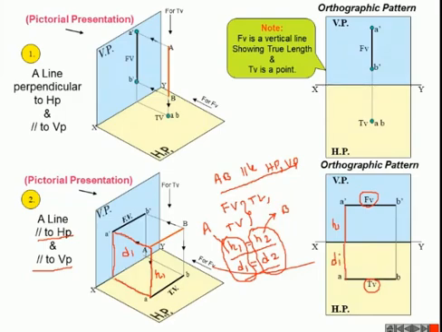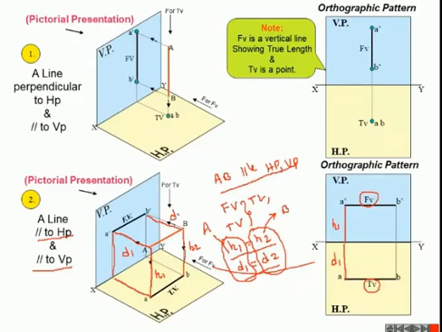H1 and D1 specify the point A: H1 is the above distance, D1 is the in front distance. Similarly, point B is also specified with an above distance, which we treat as H2, and this length is D2.